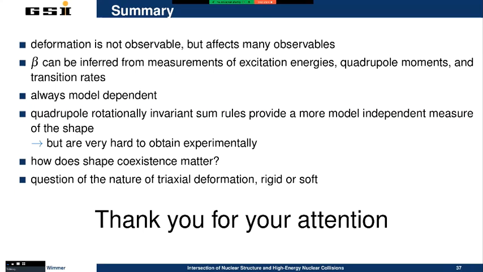Quadrupole invariants provide a more model-independent measure, but they are very hard to obtain experimentally because you need to have the matrix elements between all of the states. The questions I have for you are: how does shape coexistence matter? And is there a way to assess the nature of the deformation, whether rigid or soft?